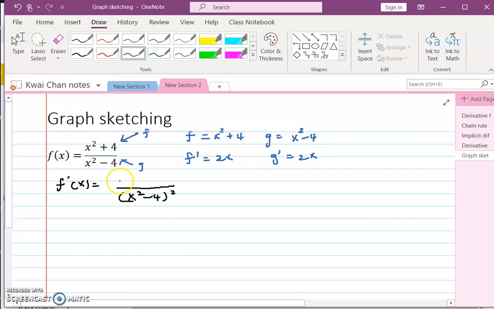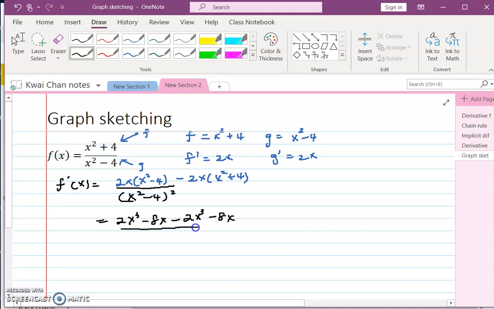So we would fix the first, right? 2x times (x squared minus 4) minus 2x times (x squared plus 4). So the derivative would be 2x cubed minus 8x minus 2x cubed minus 8x, over g squared, which is the original denominator squared, (x squared minus 4) squared.